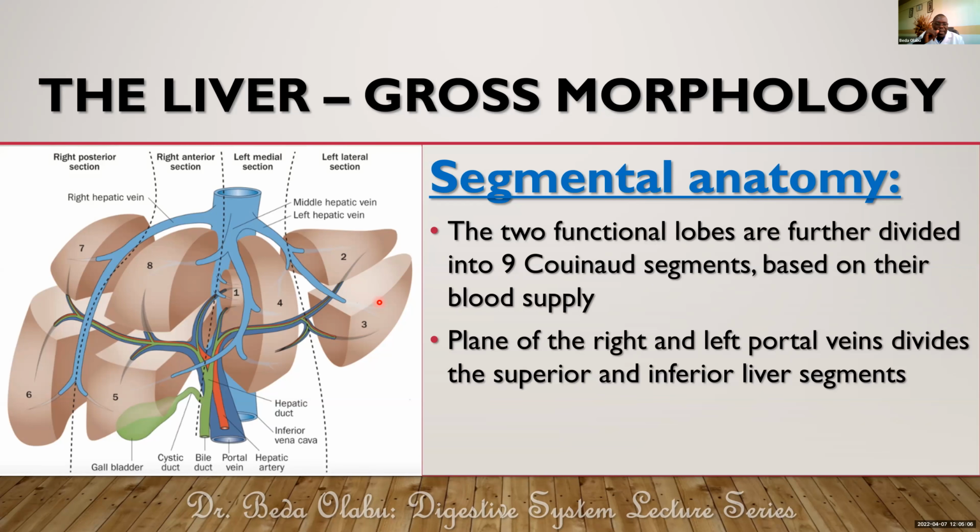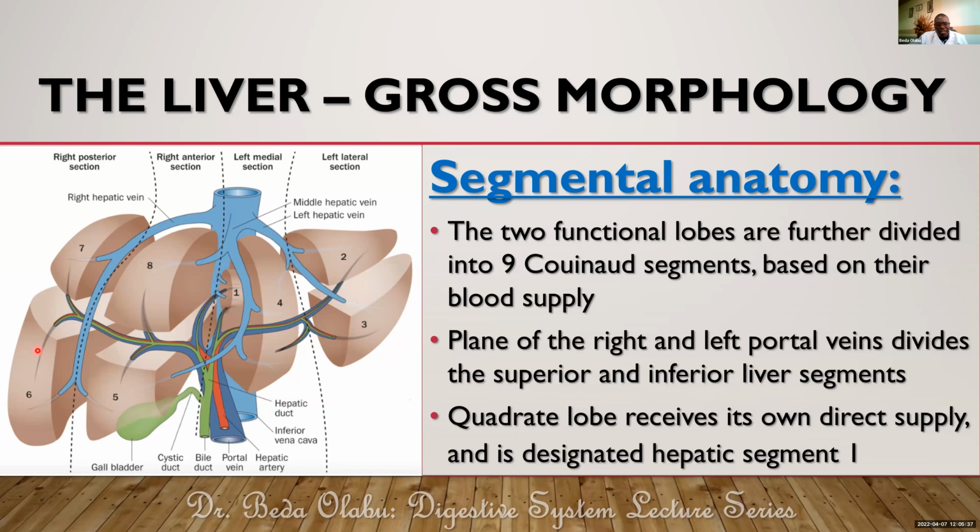And so that plane divides the liver into 2 portions, the superior portion and the inferior portion. Let's start there. These are the superior portions, and these are the inferior portions. If you've understood that, then the rest is easy. There are those segments above that plane, and those segments below that plane.